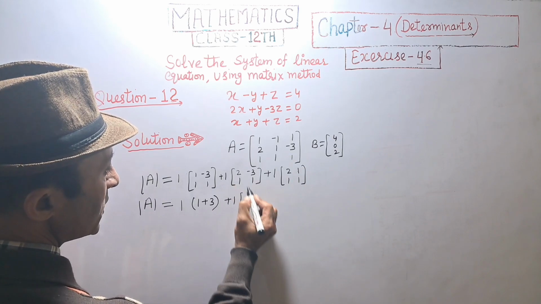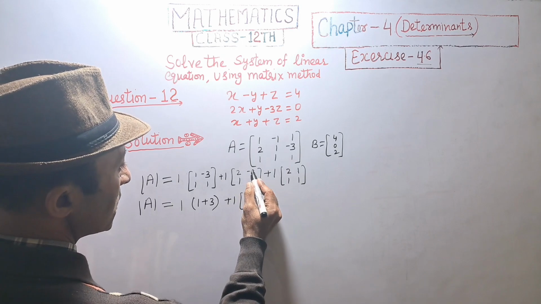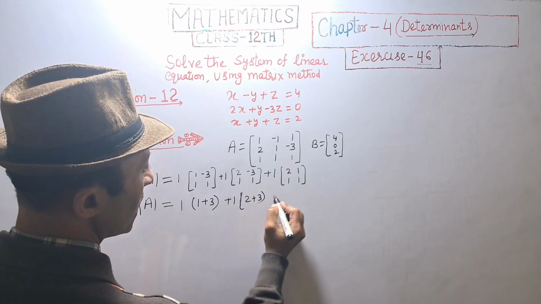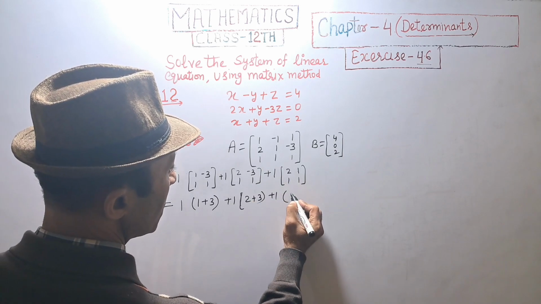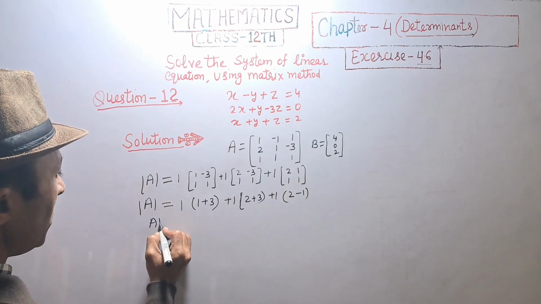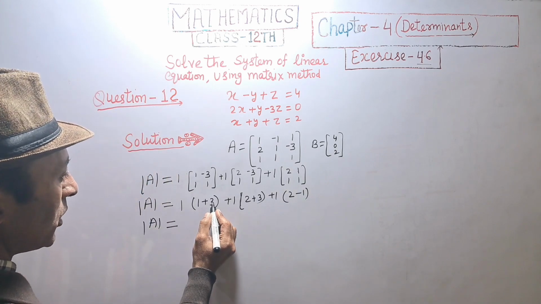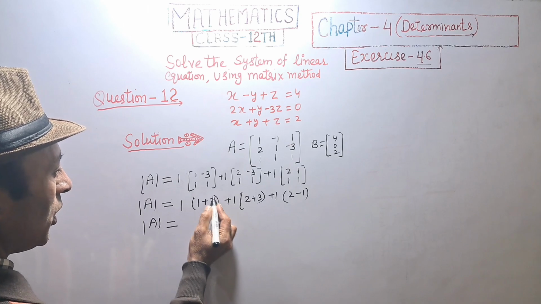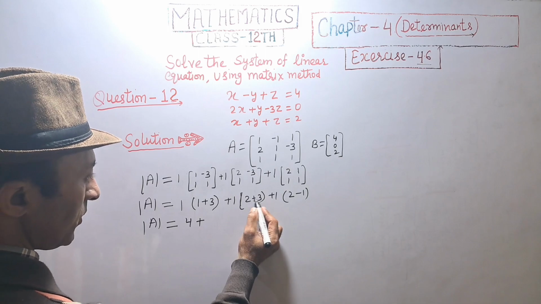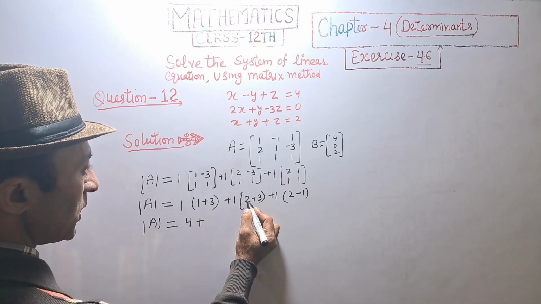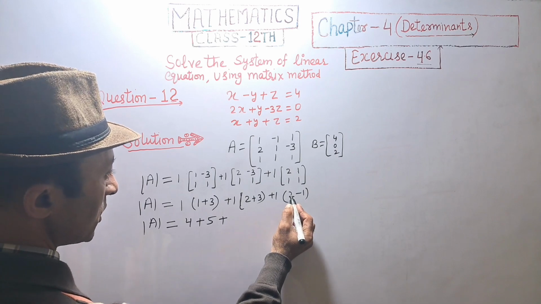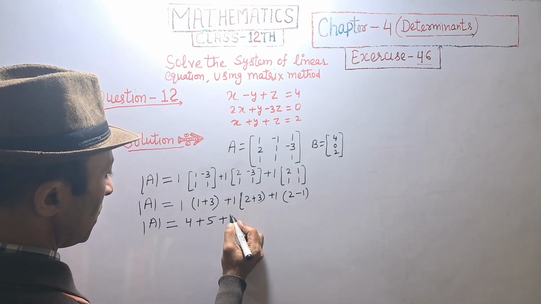2 1s are 2, minus plus, 3 1s are 3, plus 1, 2 1s are 2, minus 1 1s are 1. Determinant of A is equal to 3 plus 1 is 4, 4 1s are 4, plus 3 plus 2 is 5, 5 1s are 5, plus 2 minus 1 is 1, 1 1s are 1.